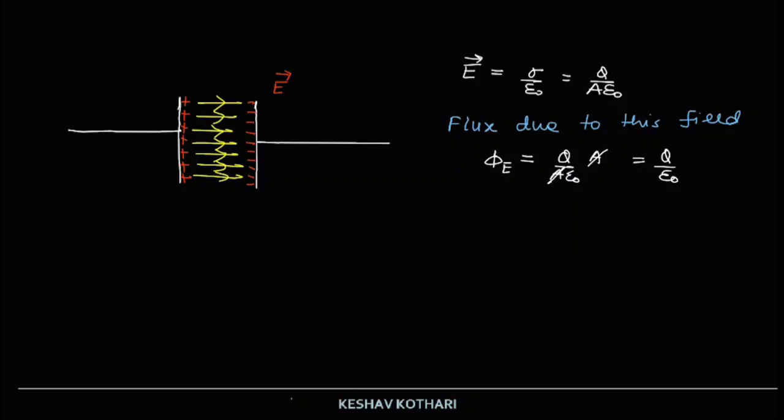The displacement current, which we refer to as ID, is equal to the change in value of electric flux.